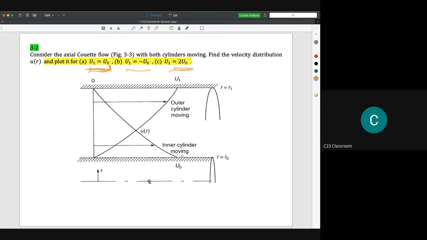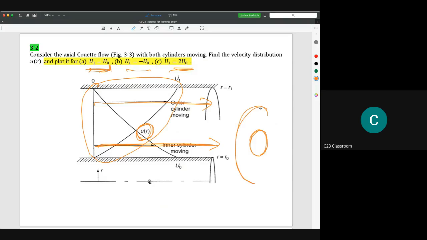If you look at this line, it refers to the velocity distribution. I show that we have the UR here, which means the direction is like this. Can you get it? According to this, we have the inner cylinder, and this is the outer cylinder.